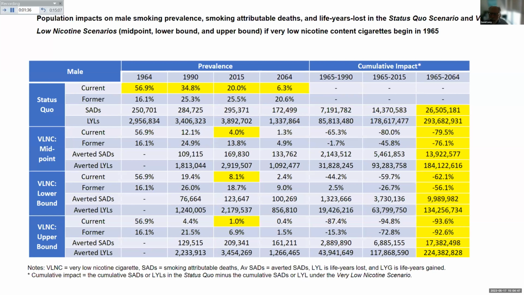And as you see, the cumulative impacts under the status quo were 26.5 million deaths, but 300 million life years lost.